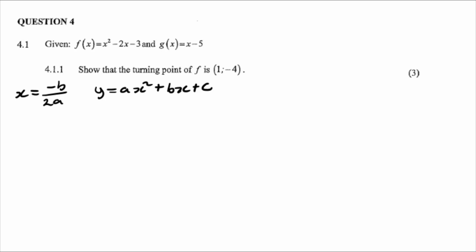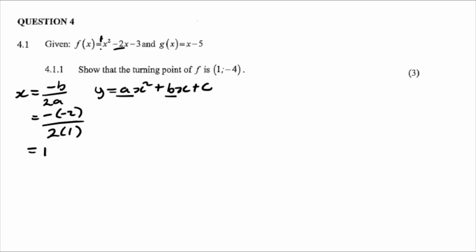The value of a over here is 1, and the value of b is negative 2. So for the axis of symmetry we say negative, negative 2 over 2 times 1, and that is equal to 1.